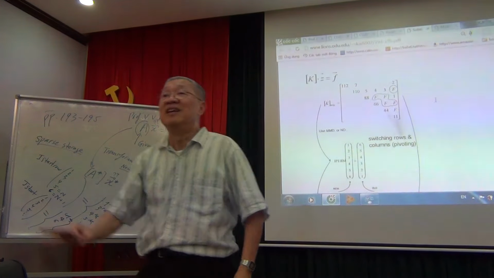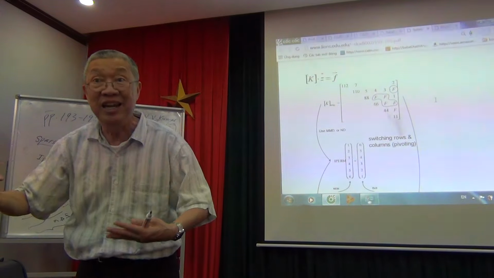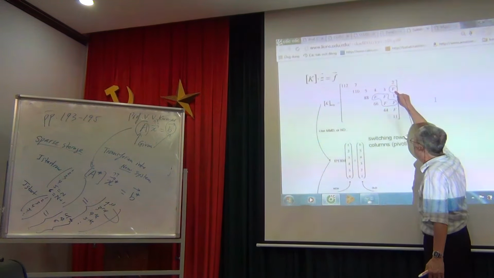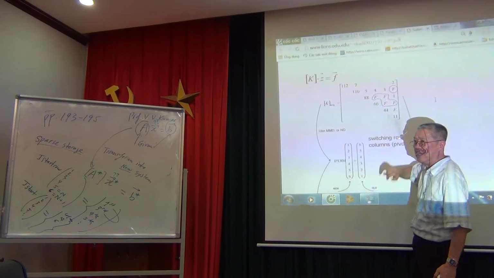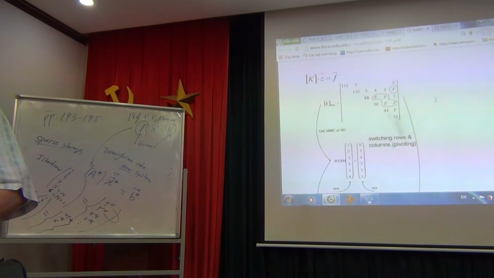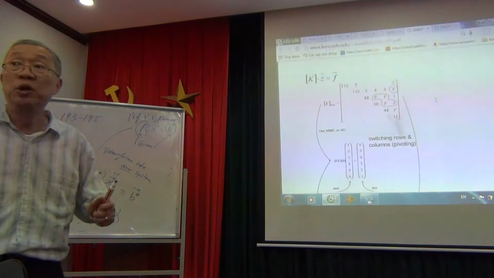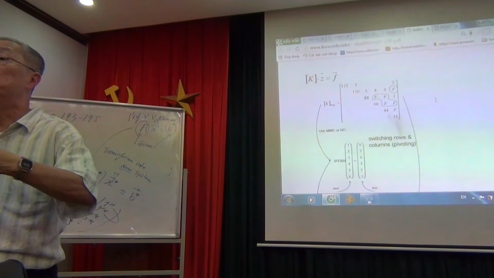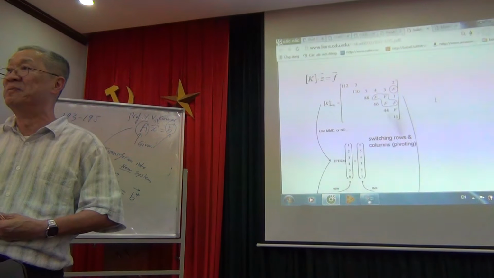It means 0 value from the beginning. But when I put an F in here, what does that mean? It means in the beginning, those entries have a 0 value. But when you compute the U at that location, it becomes a non-zero fill-in term.